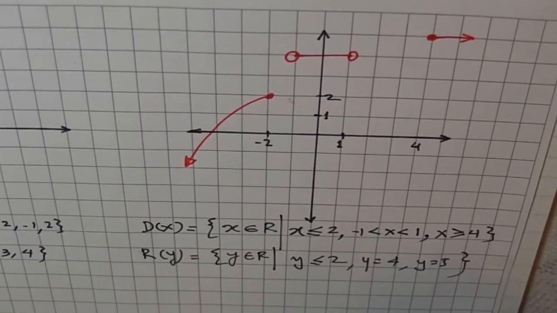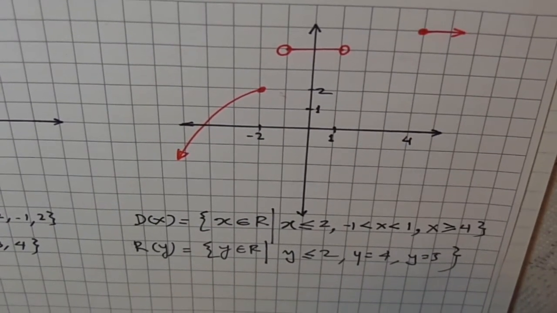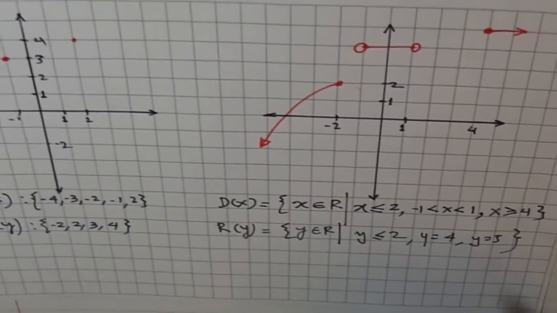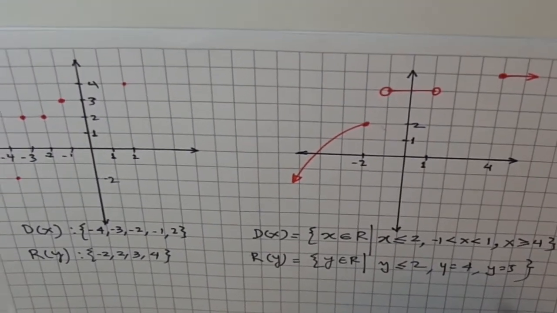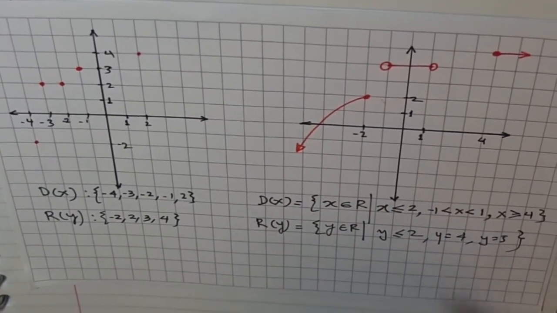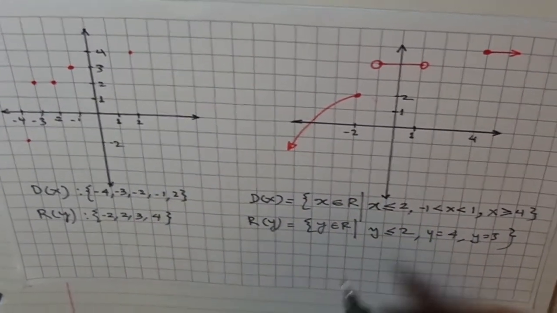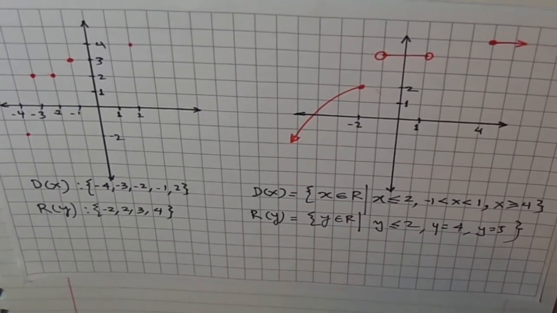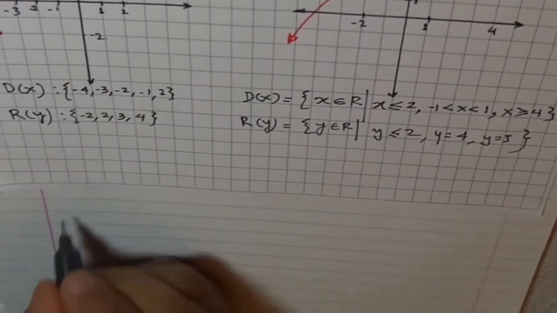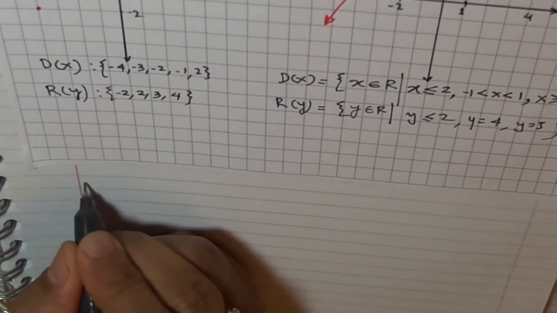Let us take equations. So we have already seen how to write domain and range for a function if it is given in the form of a table or ordered pair or mapping diagram or a scatter plot. Now let's consider some equation. Let's take an example like this.